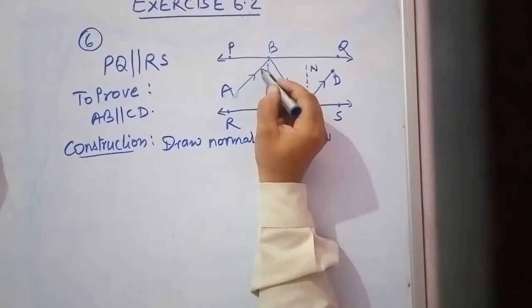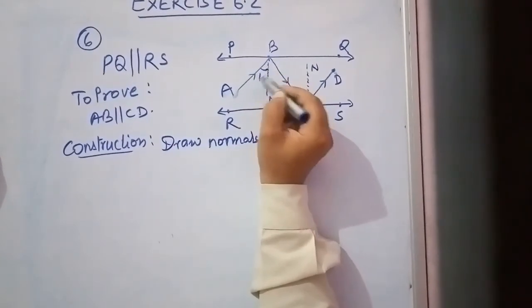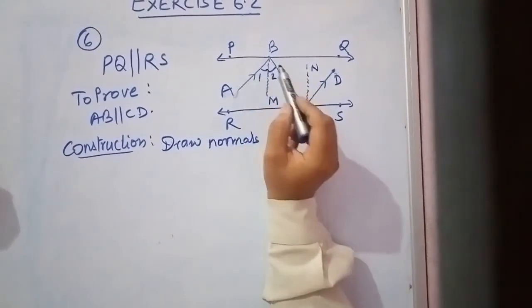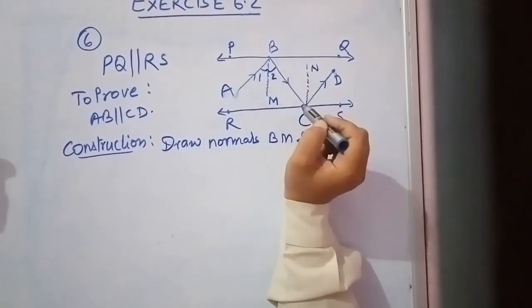Here angle 1 equals angle 2, because angle of incidence equals angle of reflection.